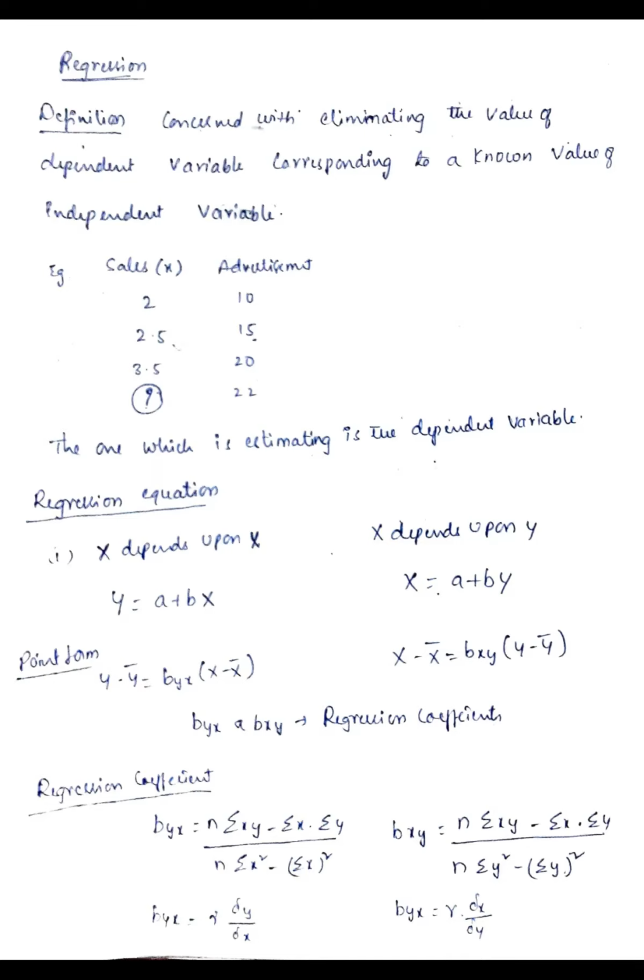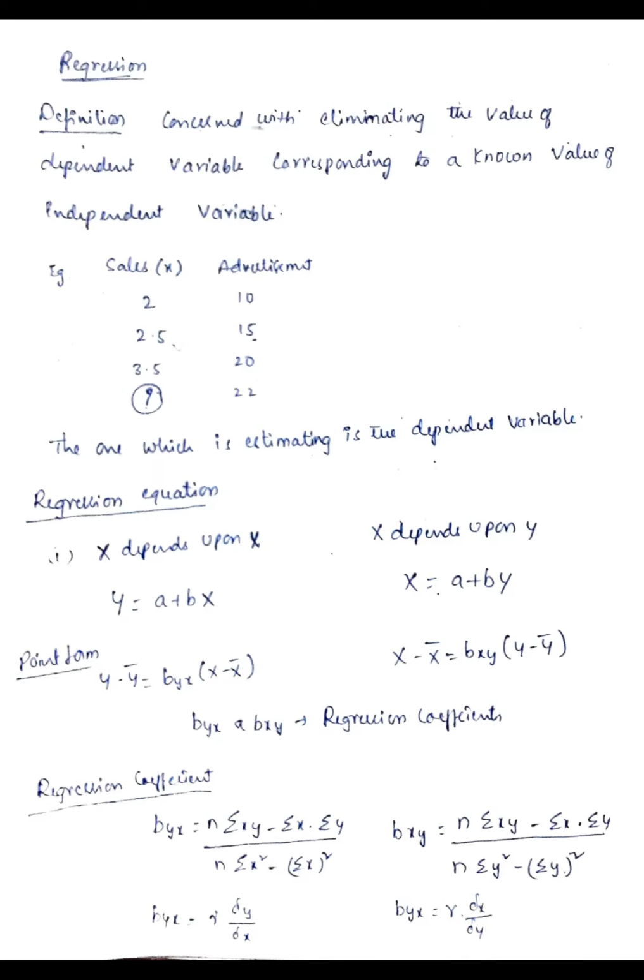If you see one example here, I have given the sales and the advertisement. Suppose by giving 10 lakh advertisements, only 2 sales have been done, and by going for 15 lakh advertisements, only 2.5 sales, and for 20 lakh advertisements, only 3.5 sales have been done.